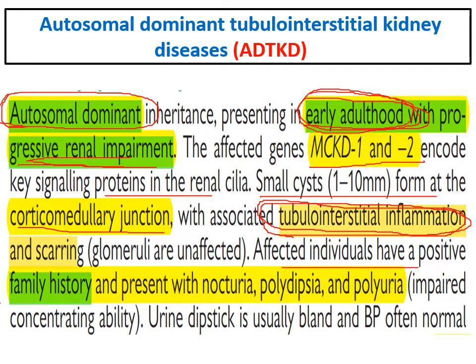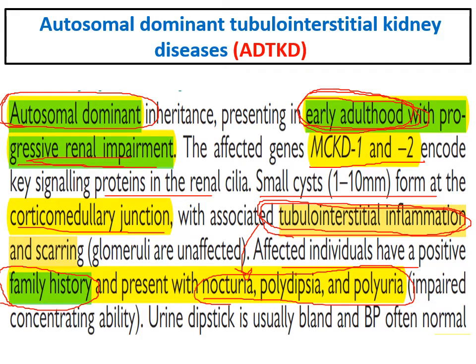As we said, there is an autosomal dominant pattern, and like nephronophthisis, due to the main affection of tubules and interstitium, they usually present with nocturia, polydipsia, and polyuria.